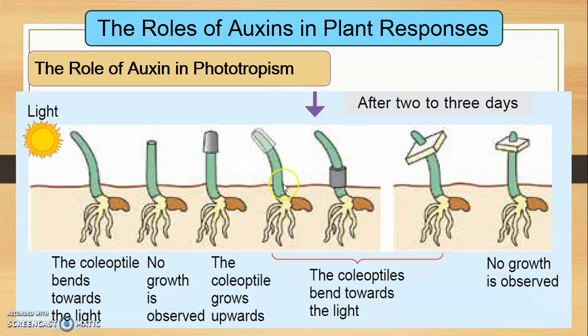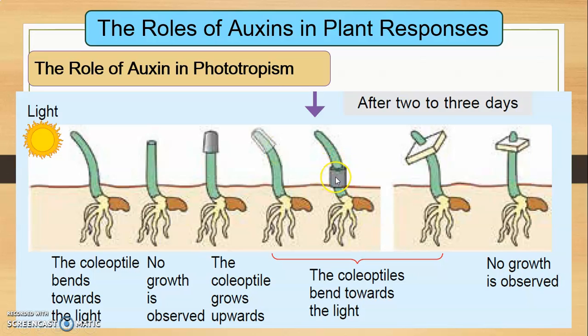Then for both this one with the transparent cover and this one with the opaque object on the base, the coleoptile bends towards the light. They still bend towards the light because the light can still penetrate through the coleoptile and the auxin moves to the shaded side.